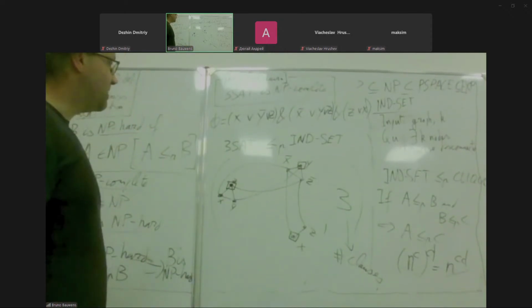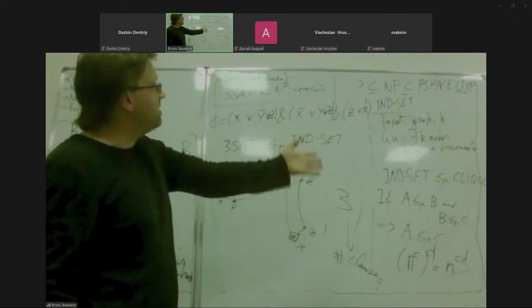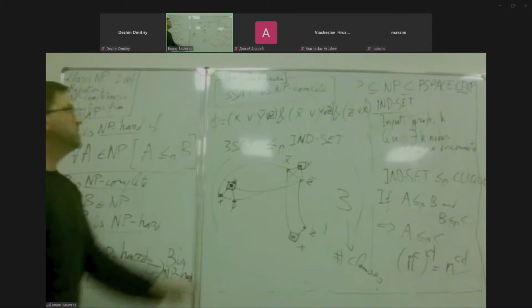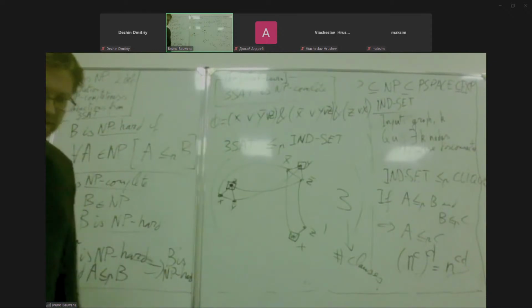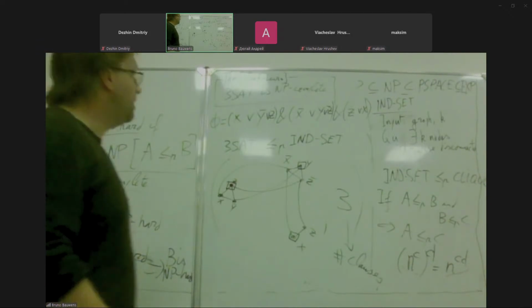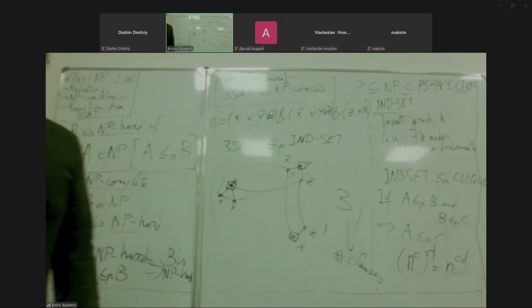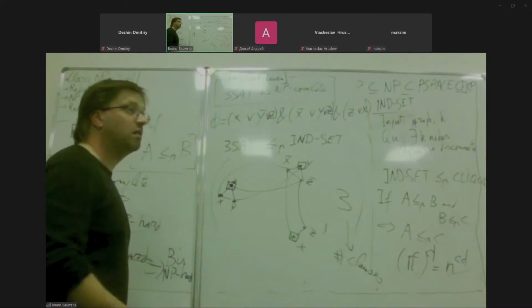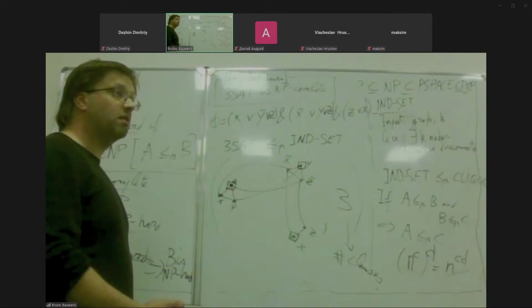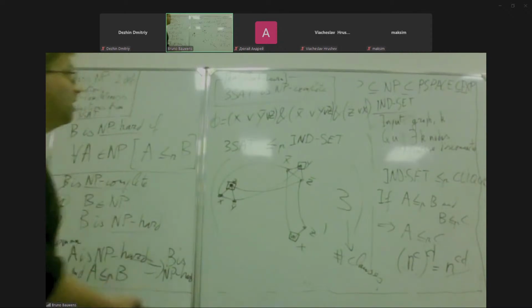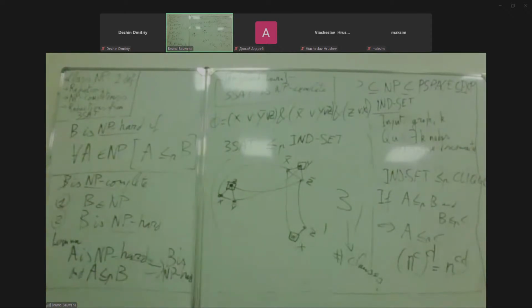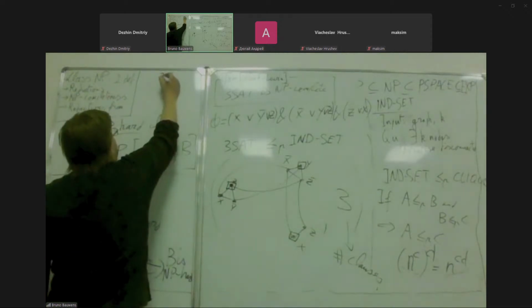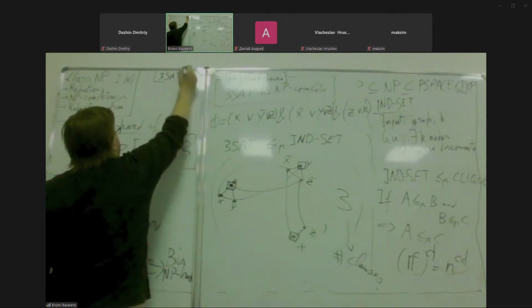Okay. So we have proven that independent set is NP complete, since we agreed to believe this for now. So now let's go to another reduction. Let's prove that the vertex cover problem is NP complete. So let us write down what we already have.